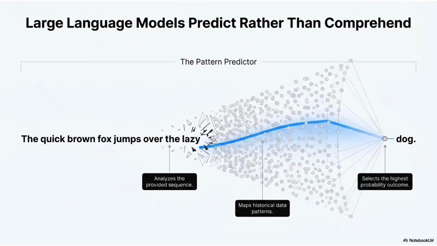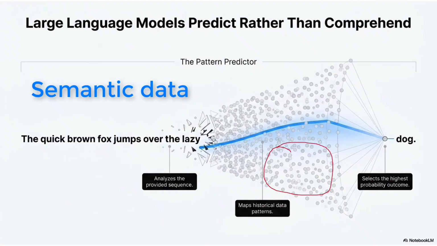So in actual fact, what's happening is these words that are being taken in are being taken to a data structure. And this data structure is called semantic vectors. This is semantic data retrieval that's happening.